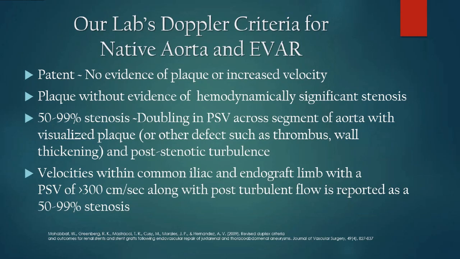A 50 to 99% stenosis is a doubling in PSV across the aorta with plaque visualized and post-stenotic turbulence. For our common iliac and the endograft limbs, if the PSV is greater than 300 centimeters per second, along with turbulent flow, post-turbulent flow, we report that as a 50 to 99% stenosis.